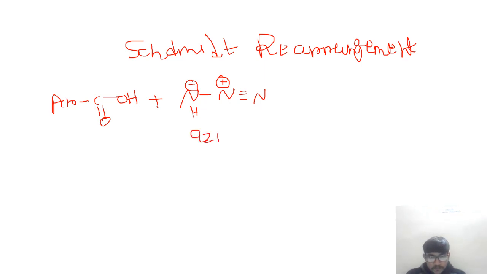Okay, and the name of this one you already know, which is aromatic carboxylic acid, and it will simply give you a first degree amine or primary amine.